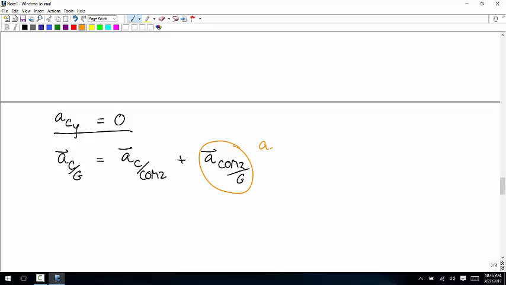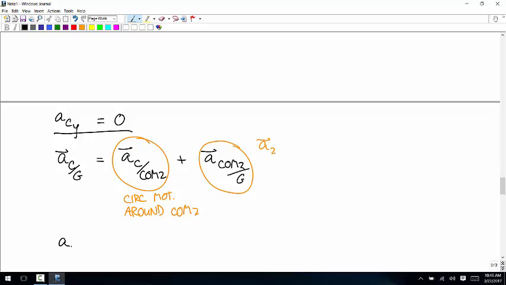This is A2. This is circular motion around the center of mass of 2.